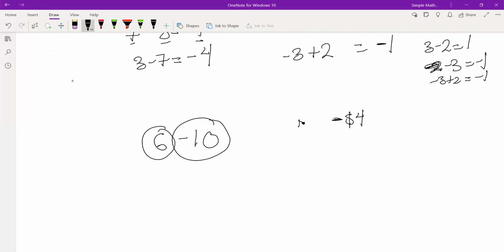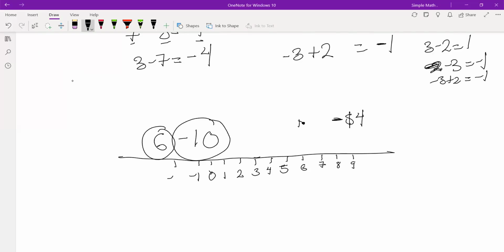You could also use the number line. So this would be 6, 7, 8, 9, and going the other way, 5, 4, 3, 2, 1, 0, minus 1, minus 2, minus 3, minus 4, minus 5.